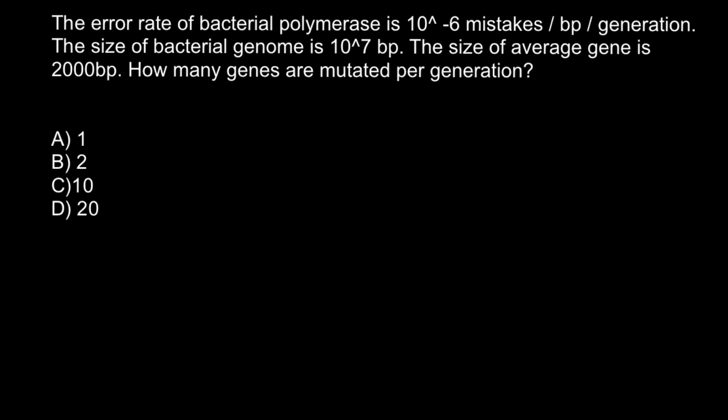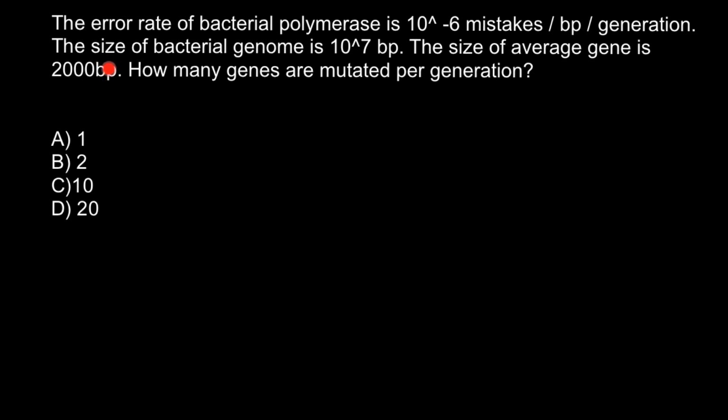Before we should understand it as per generation. That is completely wrong. So the size of the bacterial genome is 10 raised to 7, not 8. So this also would be realistic. Now we would have 10 million base pairs. That is normal. The size of an average gene is 2000 base pairs.